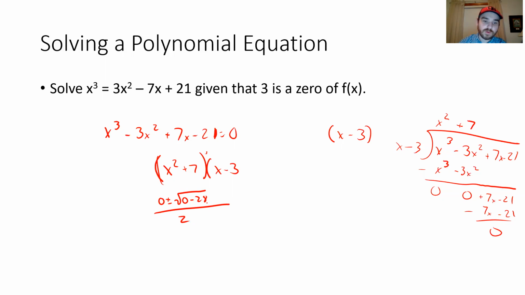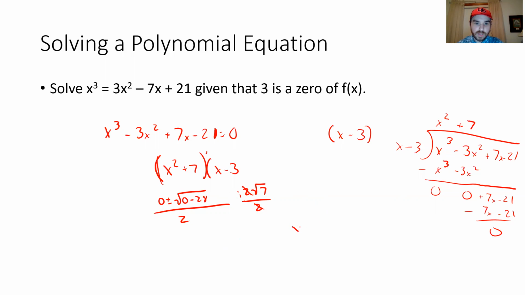So we're going to have the square root of a negative number again, which means our solutions are going to have i in them. We can factor out a 4 from this, so the square root of 28 is equal to 2 square root of 7. There should be an i here. And then we can cancel the 2's, so we have plus or minus i square root 7.